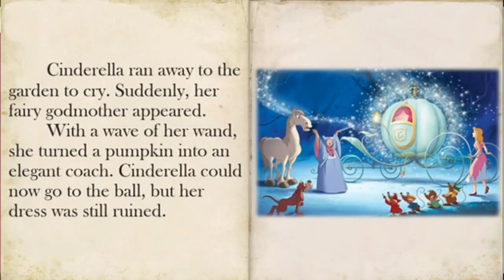Cinderella ran away to the garden to cry. Suddenly, her fairy godmother appeared. With a wave of her wand, she turned a pumpkin into an elegant coach. Cinderella could now go to the ball, but her dress was still ruined.